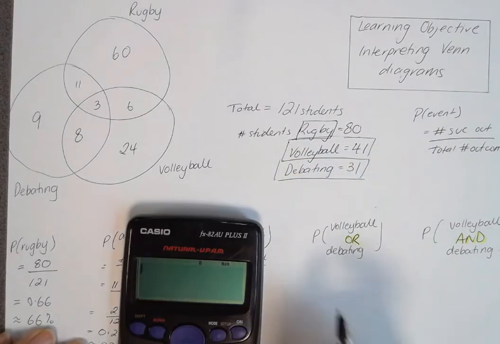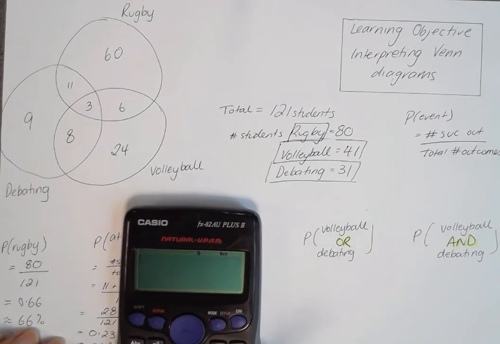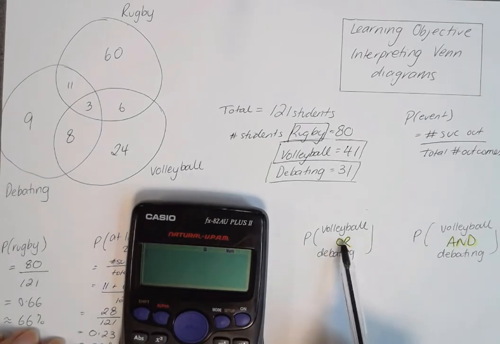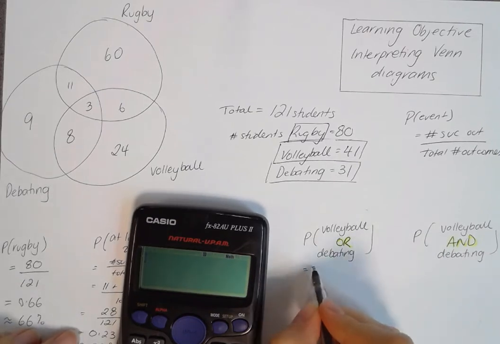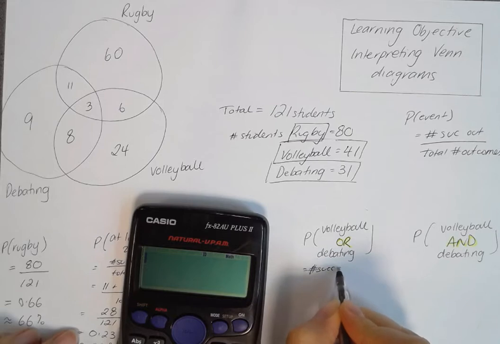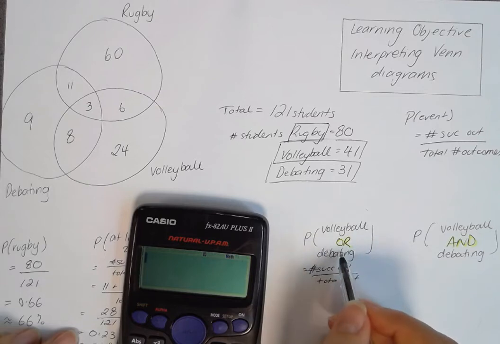Okay, let's keep going. Now this is where things get tricky, and I've highlighted some things here because I need to point out how important the words or and and are. All right, let's have a look. I'm looking for students, so our number of successful outcomes divided by our total outcomes. We are looking for successful outcomes of students who played volleyball or debating.